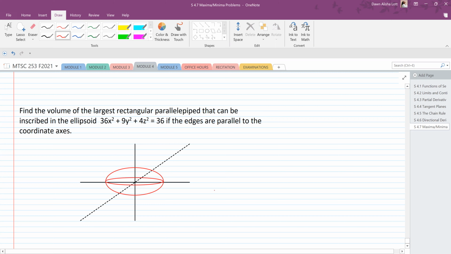Okay, so there's the ellipsoid. It actually comes down like this.